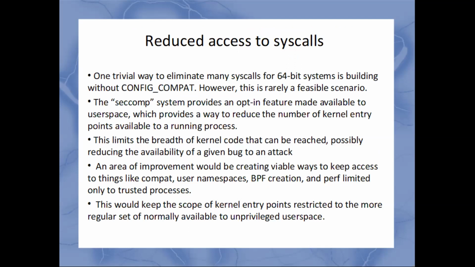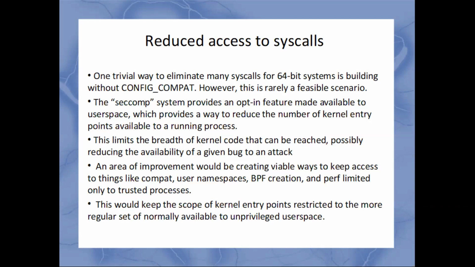So another point is to reduce the access to system calls. One trivial way to eliminate many system calls for 64-bit systems is by building the kernel without the config, that is CONFIG_COMPAT. This will help to reduce the number of system calls in the kernel that is built, and which is rarely a very feasible scenario.